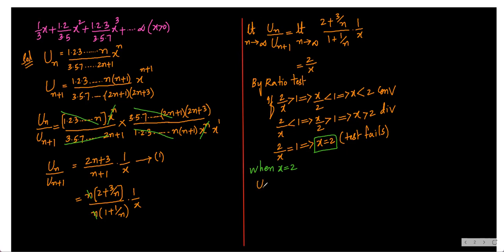So then un by un plus 1 value is equal to, when x becomes 2, write a direct step: 2n plus 3 by, when x becomes 2, this becomes 2n plus 2. Right?